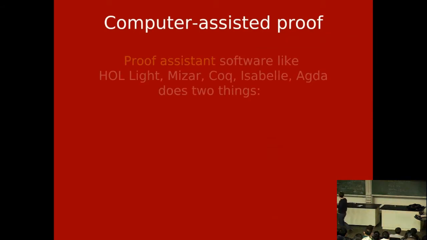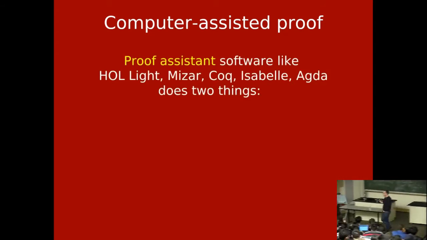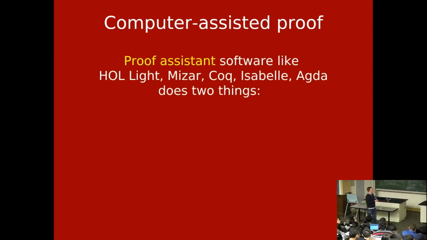So let me say a few words about computer-assisted proof, because it's an interesting topic, especially here at Carnegie Mellon. This is actually an area of research in computer science that's quite hot right now. There's something called proof-assistant software, with various implementations of it or people's research projects. And these proof assistants do 2 things.